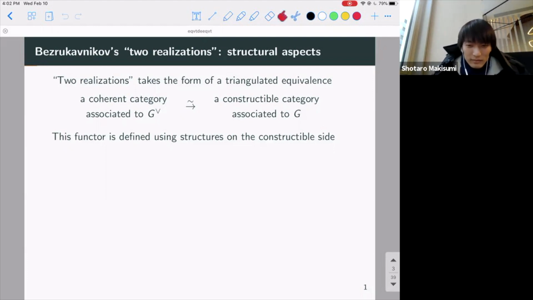The Steinberg is a fiber product, and so we want to see the structure of modules over the fiber product: the structure of coherent sheaves over the fiber product on the constructible level.